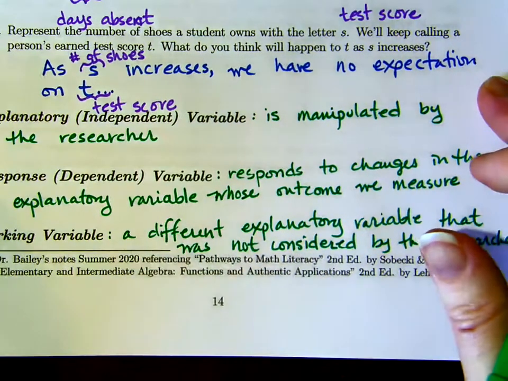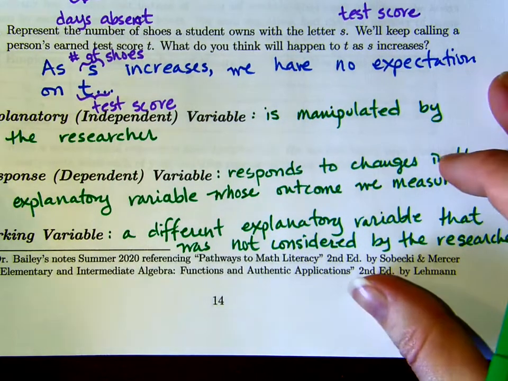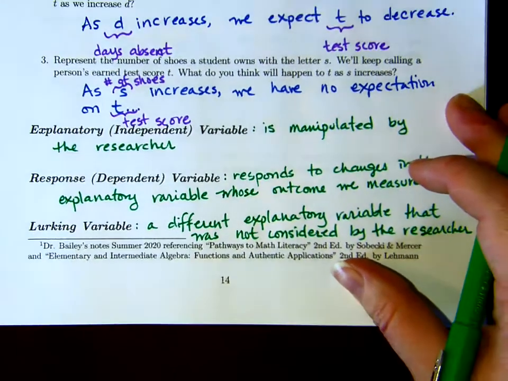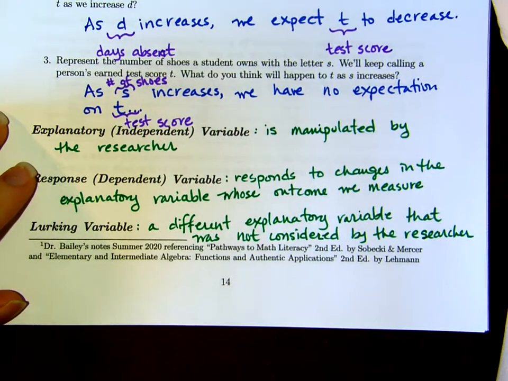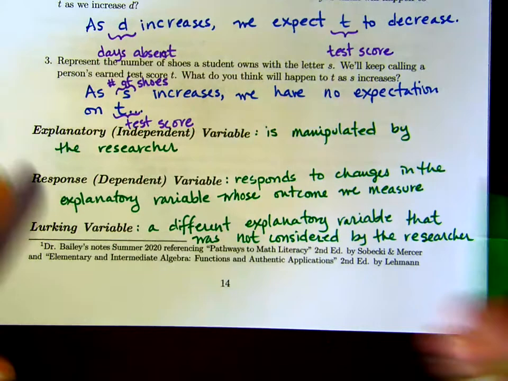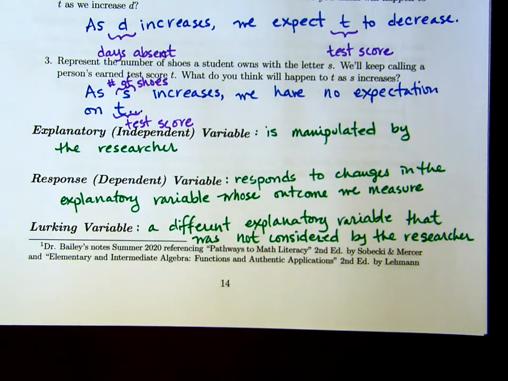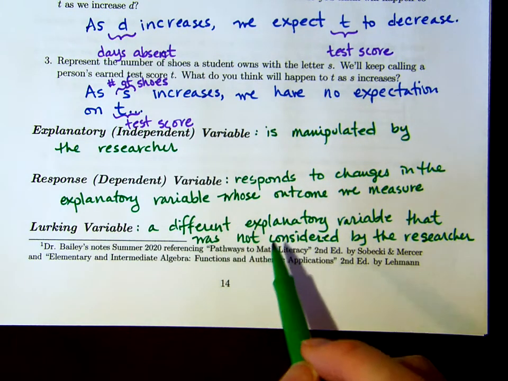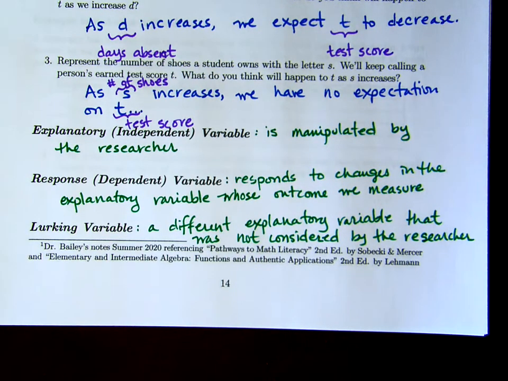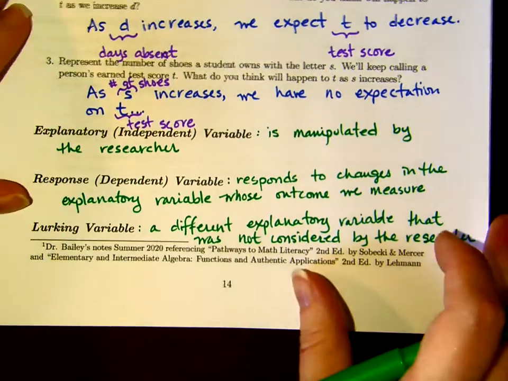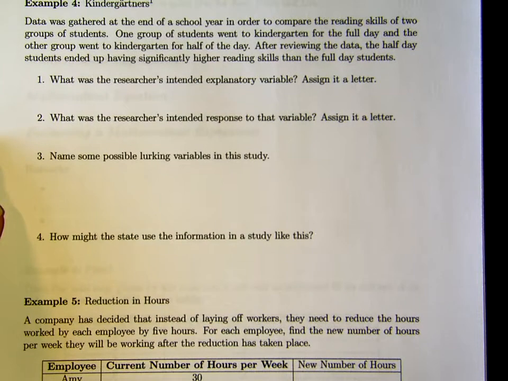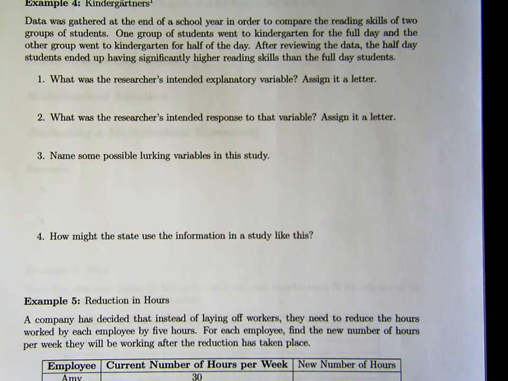Okay, and I would also say that it affected the outcome, and that's why it's kind of called a lurking variable. It's hidden in the background, and it changes things, but we don't really see it coming. Okay, so a different explanatory variable that was not considered by the researcher, but had an effect on the value of the response variable.